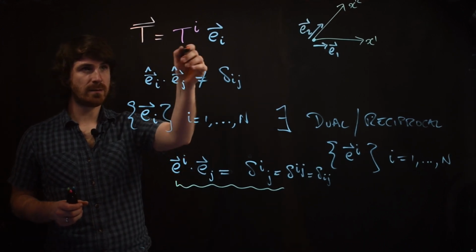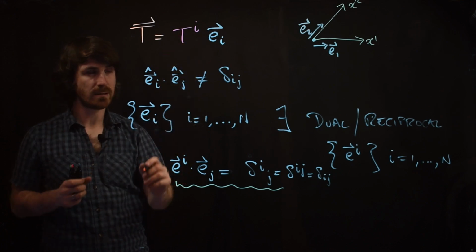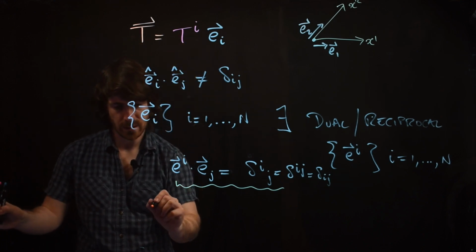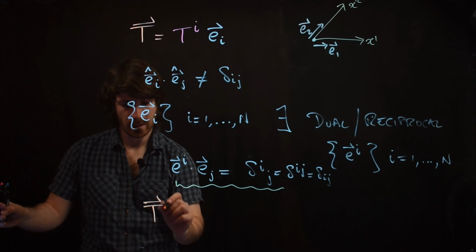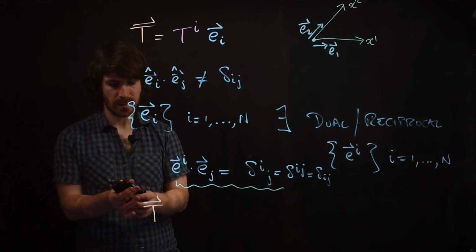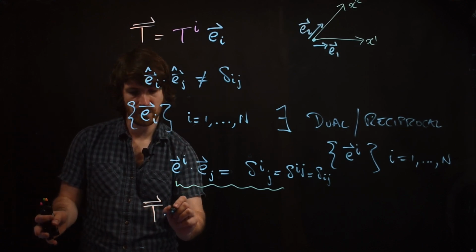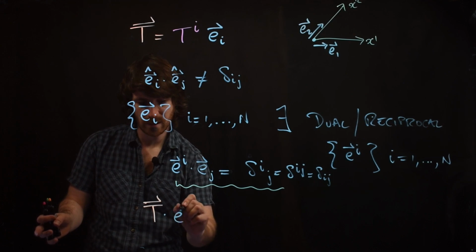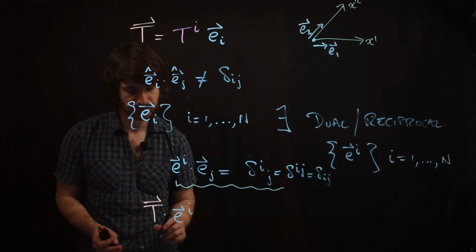So to find the components in this more general case, let's take the vector t and act on it by taking the dot product with one of the dual basis vectors, e^i.